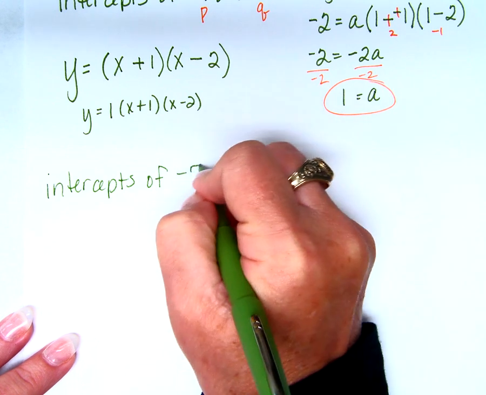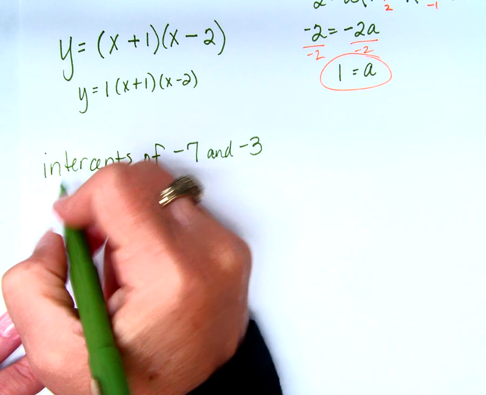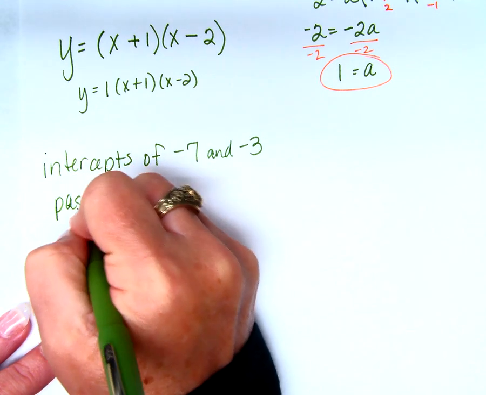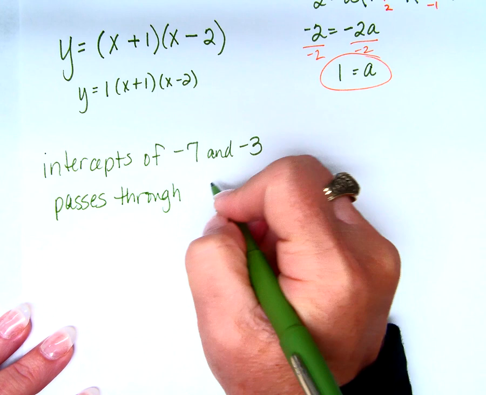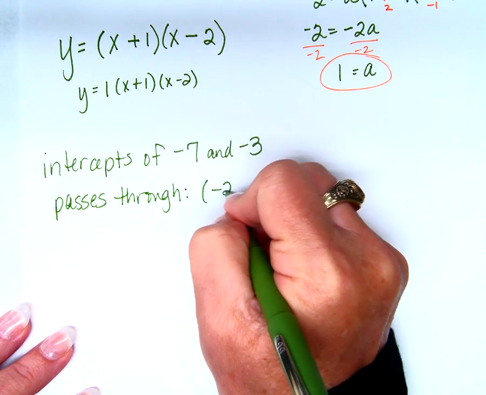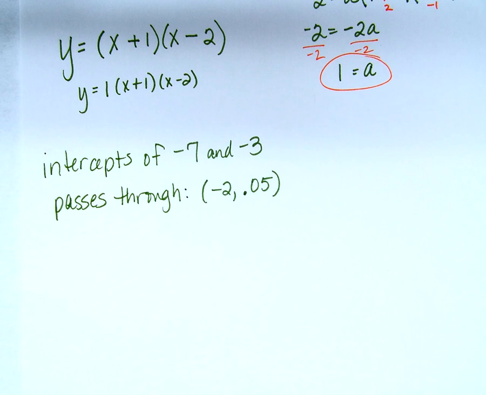Intercepts of negative 7 and negative 3, passes through negative 2, 0.05. What should we do first?